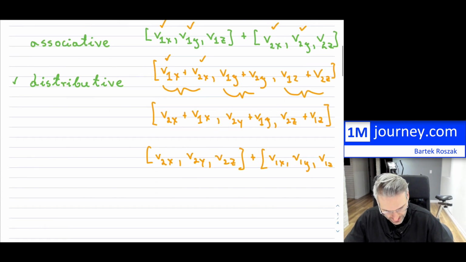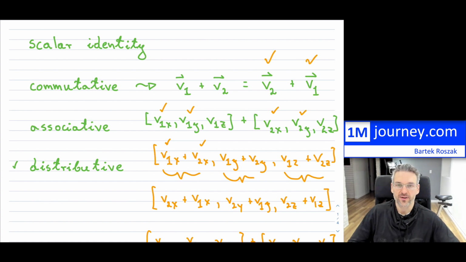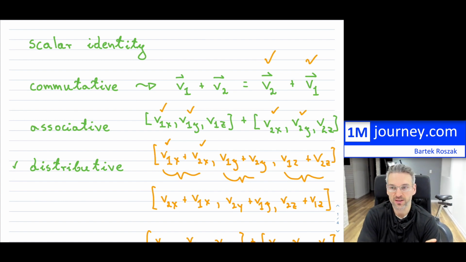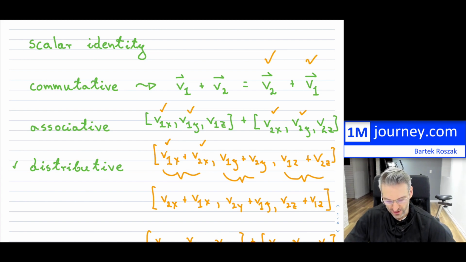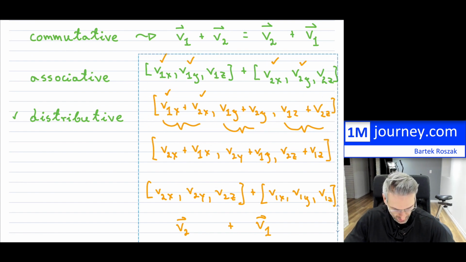That's what you have right there, which is just the V2 vector plus the V1 vector, which now shows you your right-hand side. Now, this is very tedious to be doing, but indeed, this is how you would proceed if you wanted to show that property. So that is the commutative property that we have.